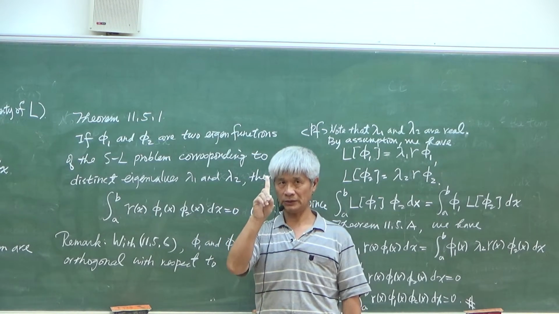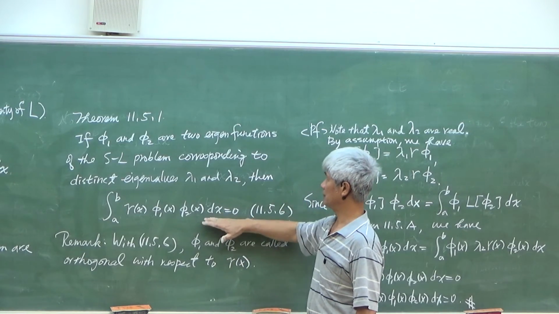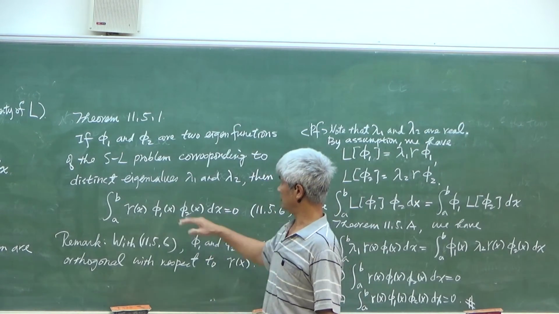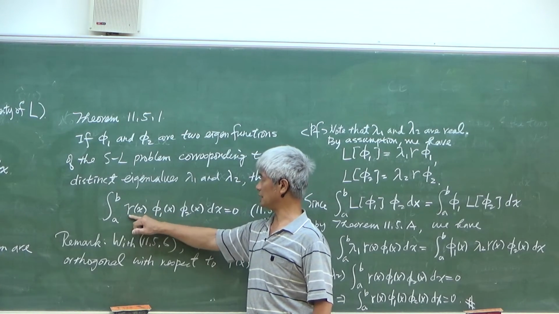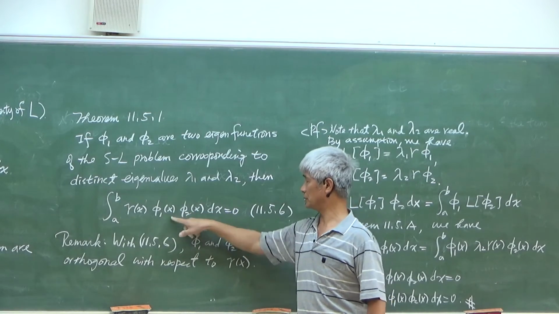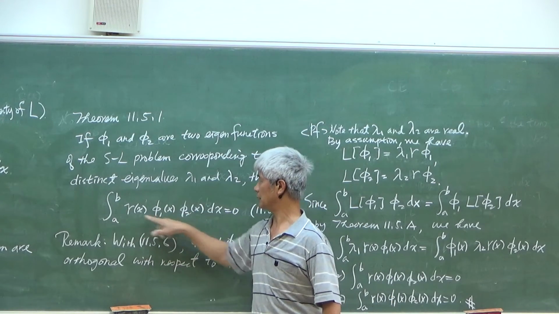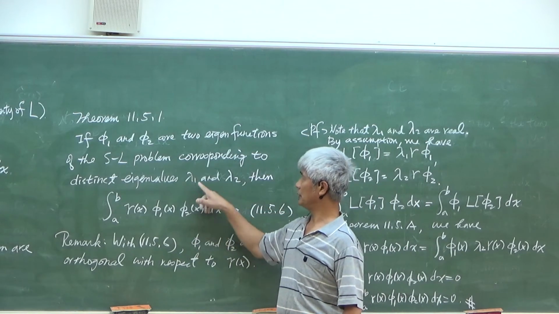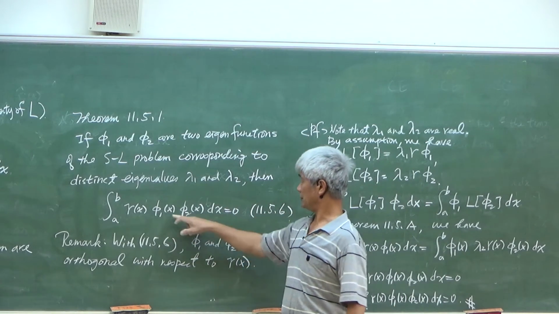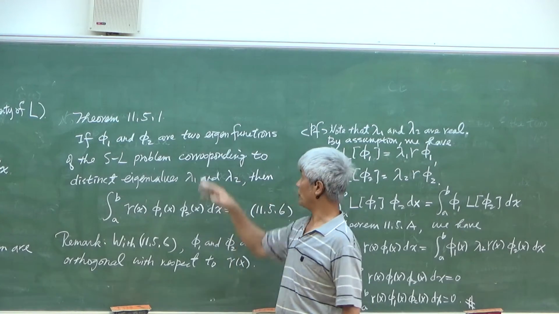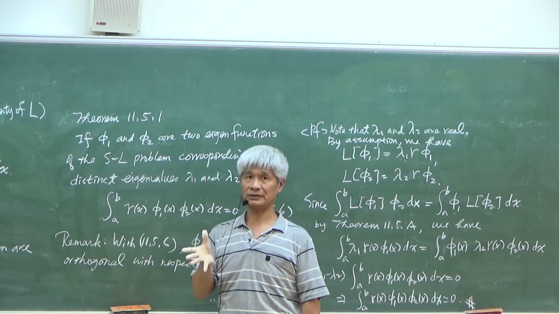But for the Sturm-Liouville problem, when we put r x here, we still have orthogonality. So this integral equals 0 whenever phi 1 and phi 2 are eigenfunctions corresponding to distinct eigenvalues lambda 1 and lambda 2.